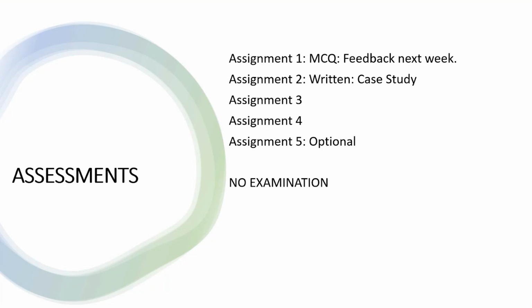In other words, you complete 5 assignments and we are going to take the best 4 marks from those. I've indicated, ladies and gentlemen, that there's no examination for this module, meaning that you'll be assessed only on those 4 assignments.